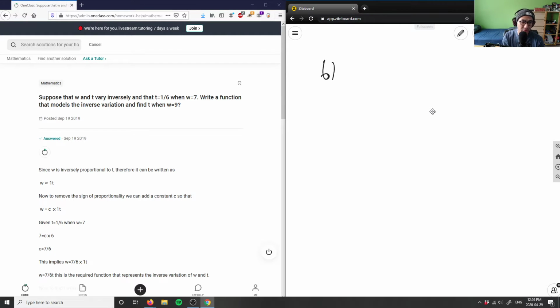Suppose W and T vary inversely, right? So I can say that W here is inversely proportional to T, and when T equals 1/6, W equals 7 here.